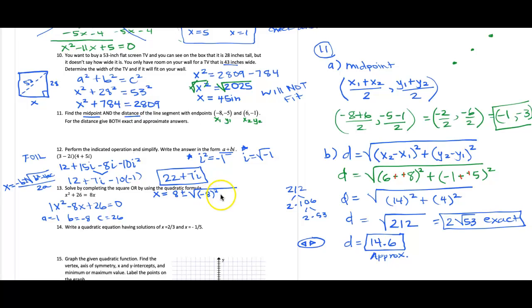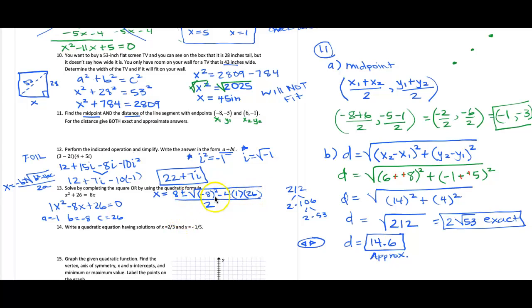Negative 8 squared minus 4 times a, which is 1, times c, which is 26, and then all over 2 times 1, which is just going to be 2. Okay, so I just plugged in the numbers so far.